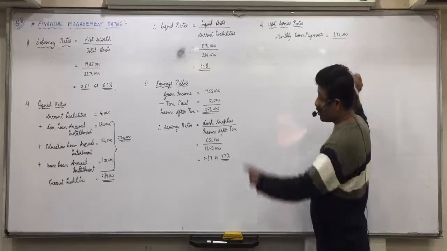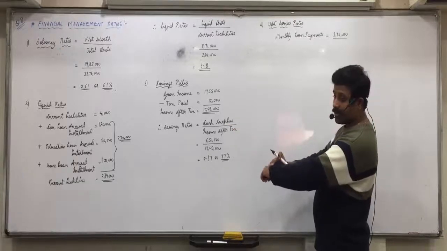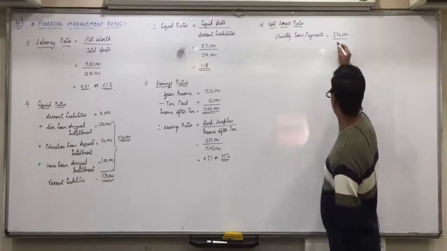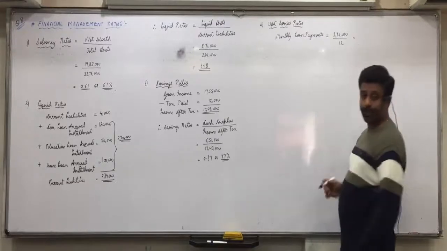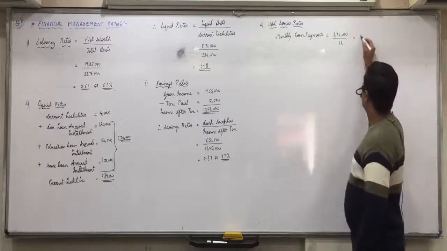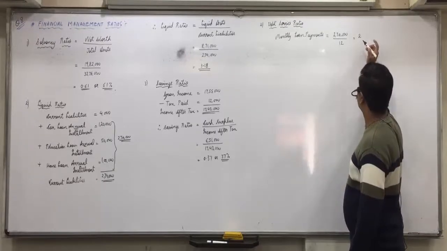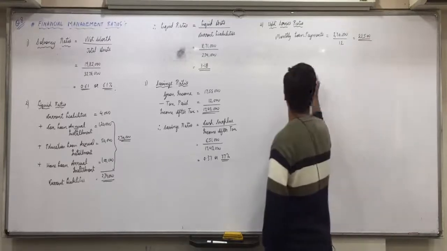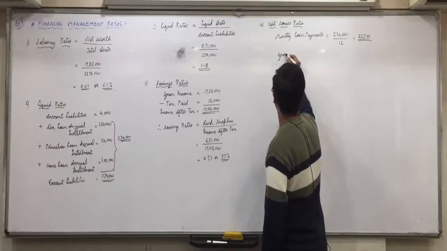How did we get 2,70,000? Show it in that liquid ratio so that whenever you revise, you are able to get it easily. 270 is the annual loan payments divided by 12. What does it come to? 22,500 monthly loan payments.